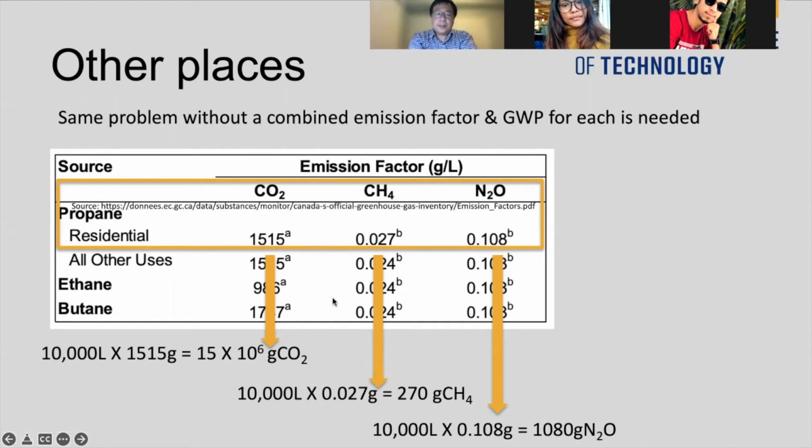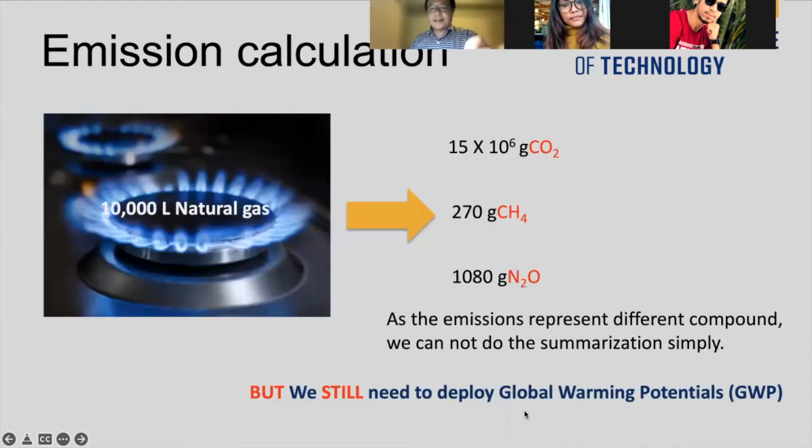We multiply this number by the activity, the fuel consumption, and we can obtain different values of emission. But it is not only carbon dioxide. It will have carbon dioxide, methane, and nitrous oxide. Those numbers we can summarize like this.